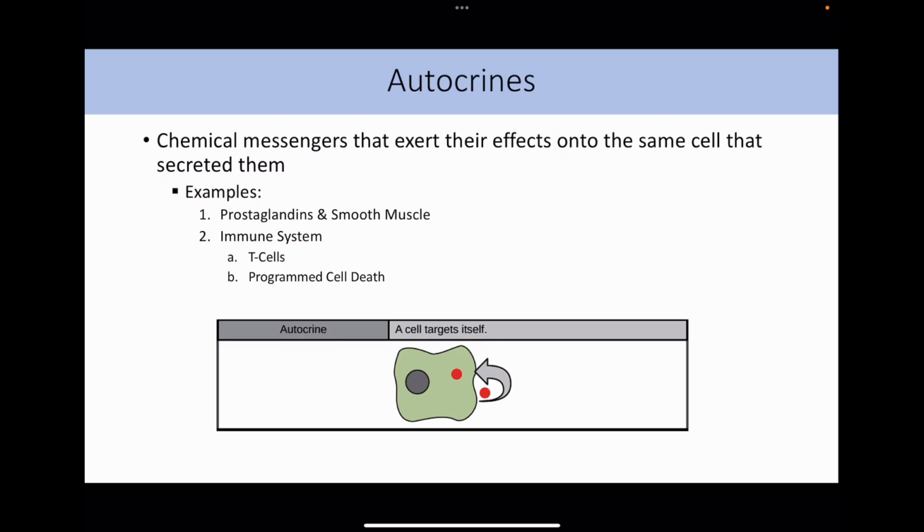I'm going to send a signal and I'm going to implode, and then the body can recycle my parts. Isn't that really extreme? This happens a lot with the immune system. If a cell is not doing what it's trained to do, it will undergo apoptosis. It tells itself, okay, it's time to implode because we're not doing our job correctly. It's a sacrifice to the good of the body.